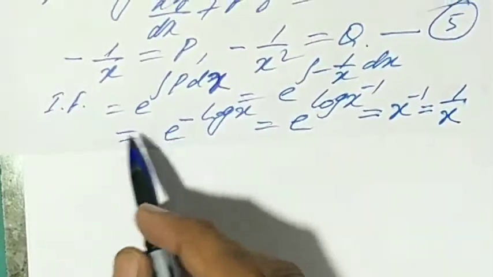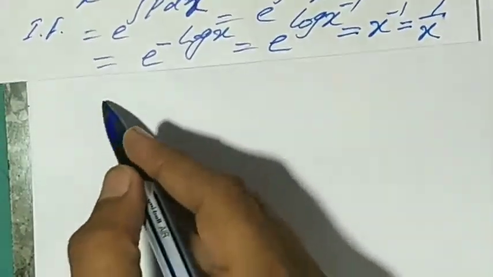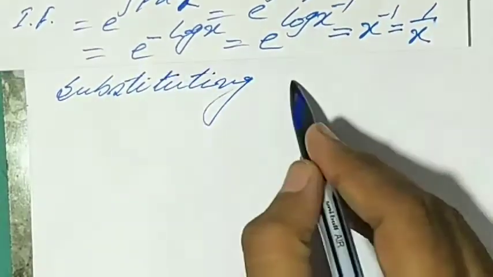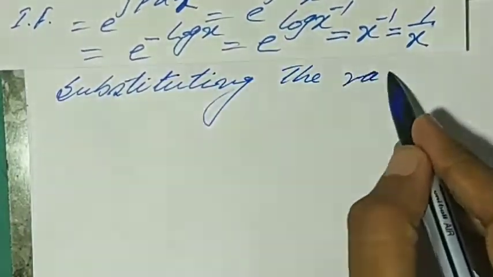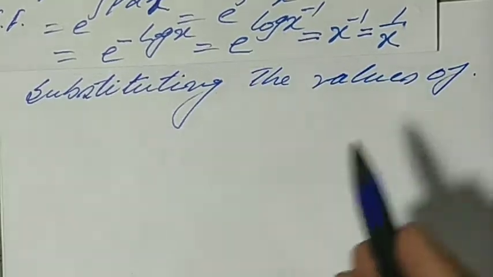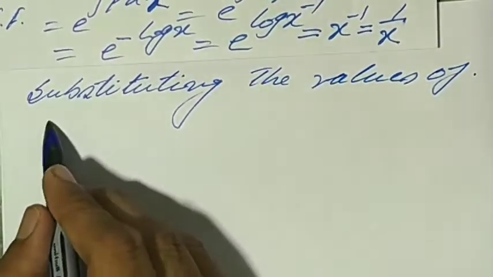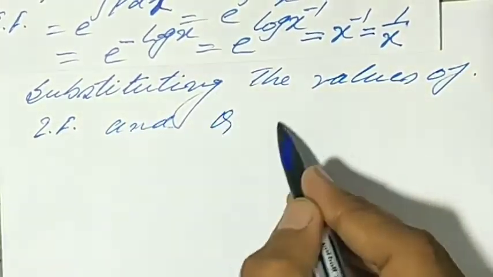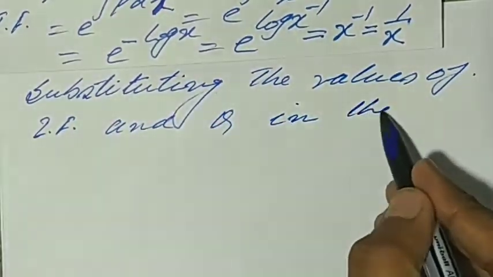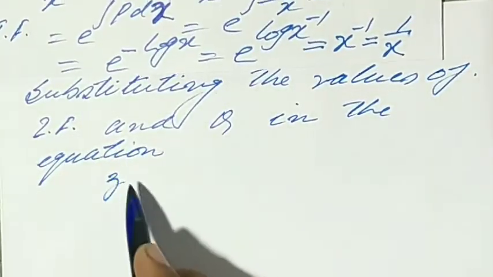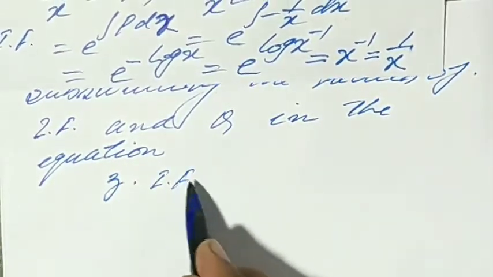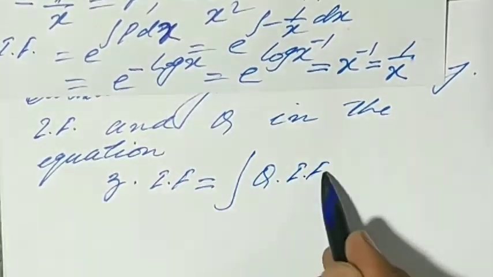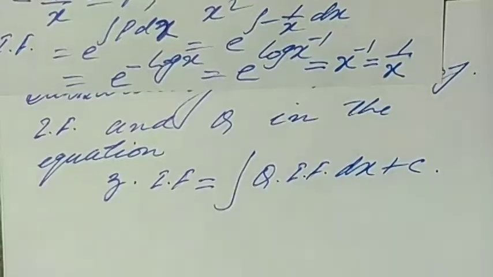Now proceeding from this step, substituting the values of the integrating factor and Q in the equation: z times the integrating factor is equal to the integral of Q times the integrating factor dx plus c.